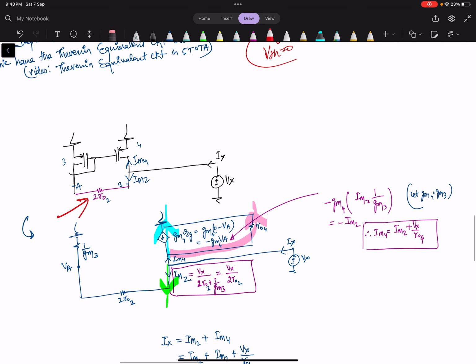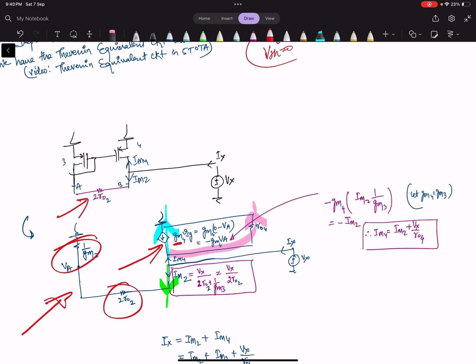Okay, now let's see. So if we make the small signal model, 1 by GM3, 2 times of this, and there is one dependent current source GM4.